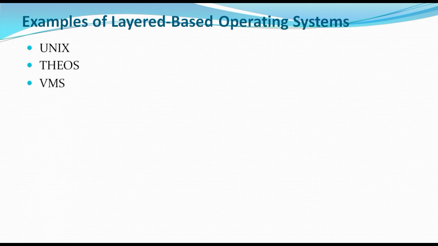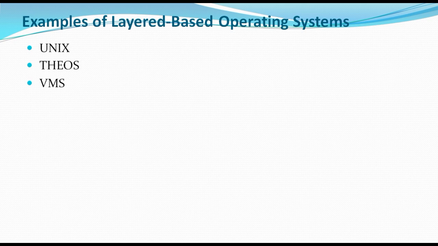The limitations have caused a small backlash against layering in recent years. Fewer layers with more functionalities are being designed, providing most of the advantages of modularized code while avoiding the difficult problem of layer definition and interaction.